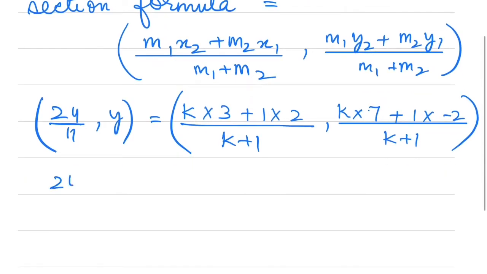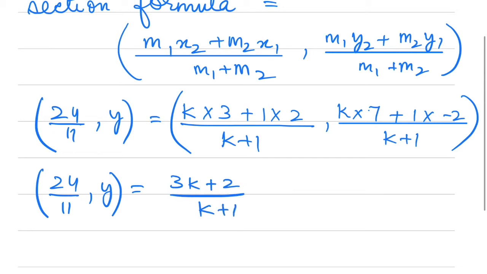So we have (24/11, y) is equal to ((3k plus 2)/(k plus 1), (7k minus 2)/(k plus 1)).